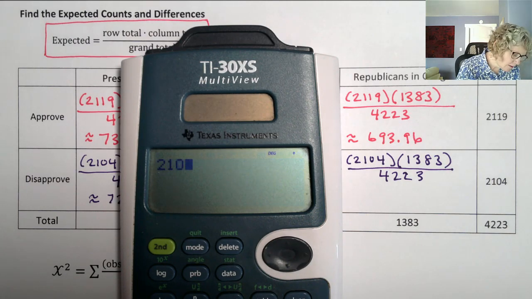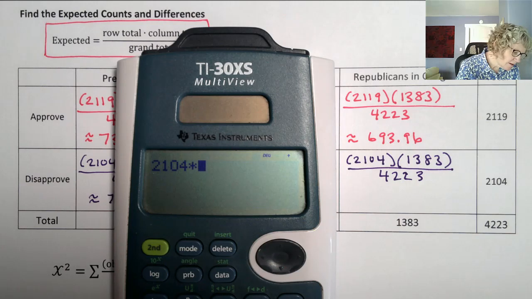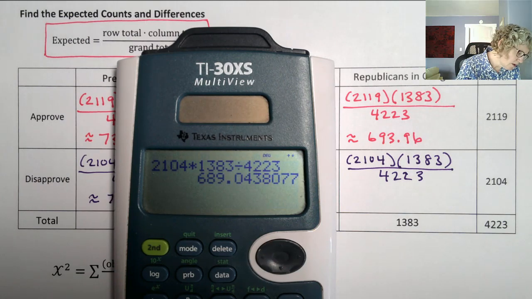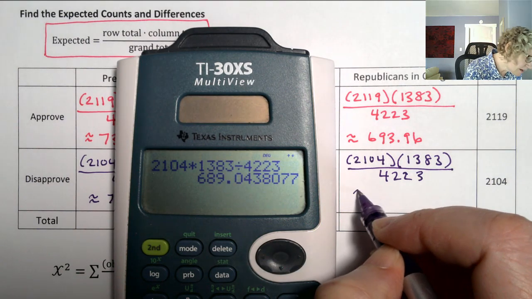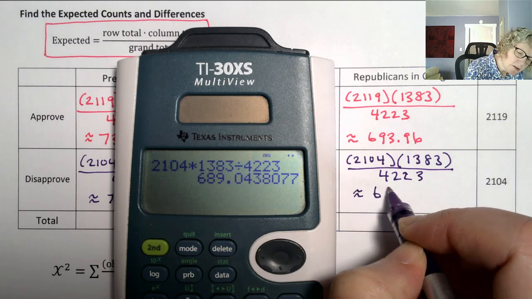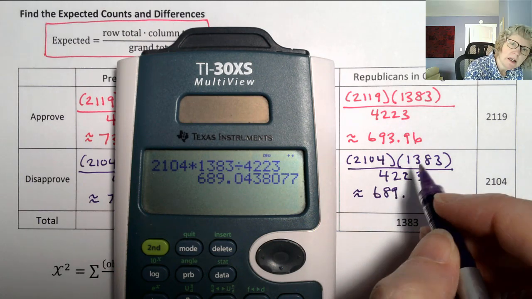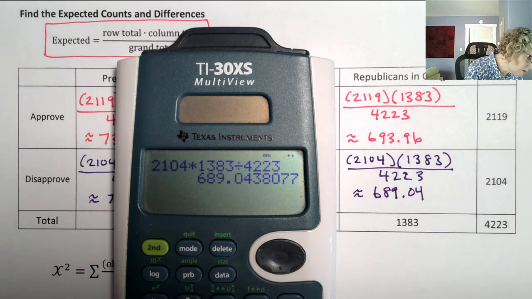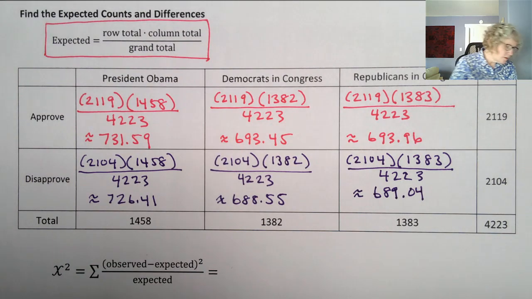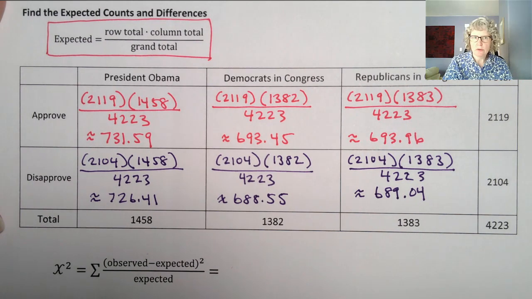Did it again. 2104 times 1383 divided by, I keep forgetting to hit that divide by, 4223. You're just missing that key. Okay, so 689.04. Okay, so these are our expected under the null, assuming that there is no association, right?